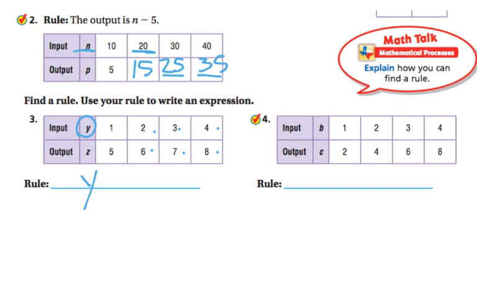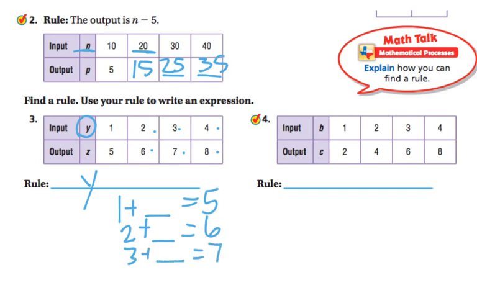So I'm thinking, if my numbers are increasing, I'm either going to add or I'm going to multiply. So let's see what happens if I add. 1 plus something equals 5. 2 plus something equals 6. 3 plus something equals 7. 4 plus something equals 8.